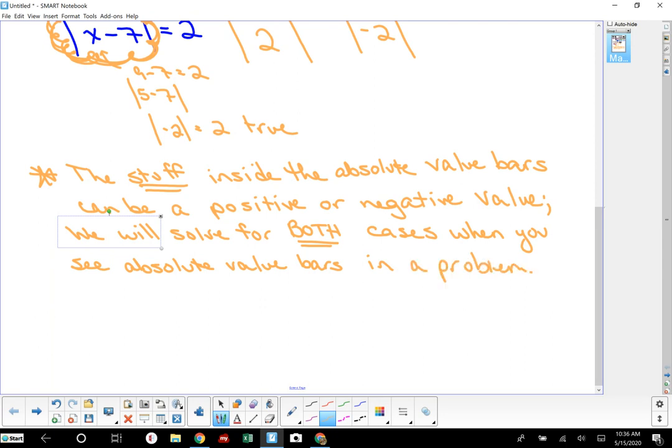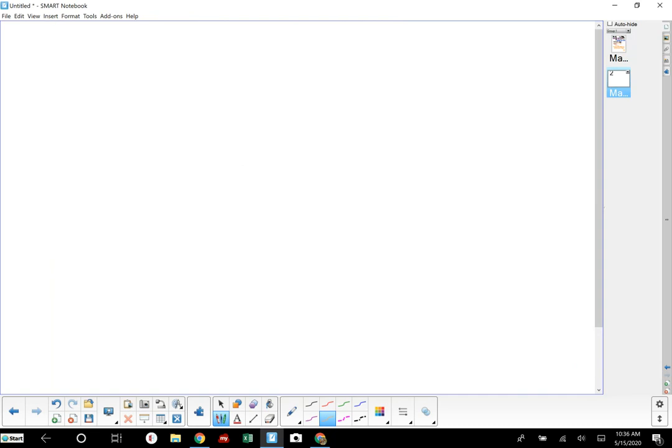Okay, so I am going to give you a couple of rules for these. I'm going to give myself another screen. So remember down here, you're labeling. This is 1.4. All right, so here's an example of an absolute value problem that we're going to see. And it looks something like 2 plus the absolute value of 4x plus 1 is equal to 6.